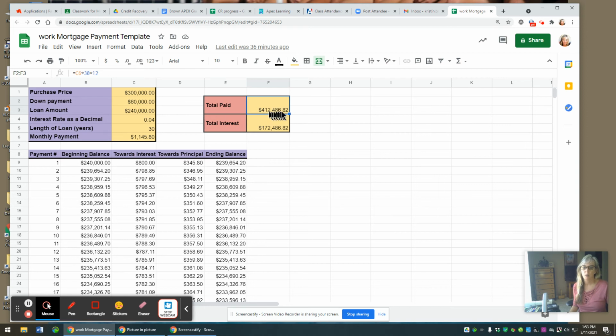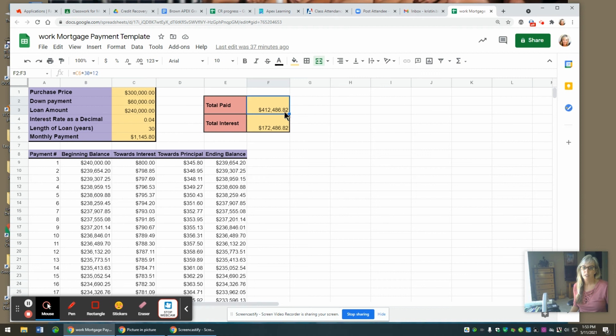The price of the house was 300,000, but with this scenario, with this down payment, with this interest rate, with that many years, we're really going to pay $412,486 in total, which means the interest the bank is earning off of us. We borrowed 240,000 from the bank.